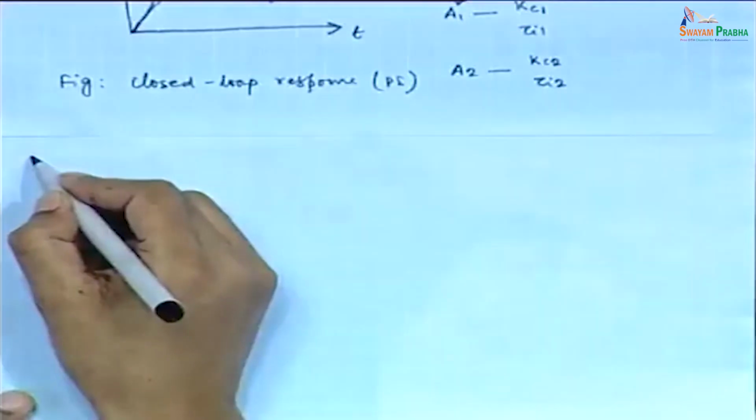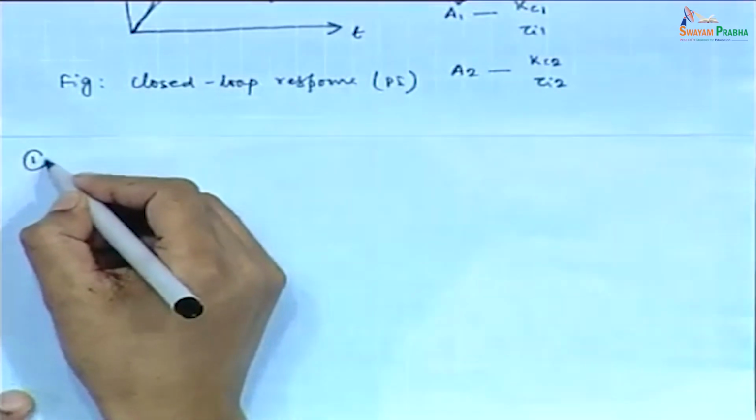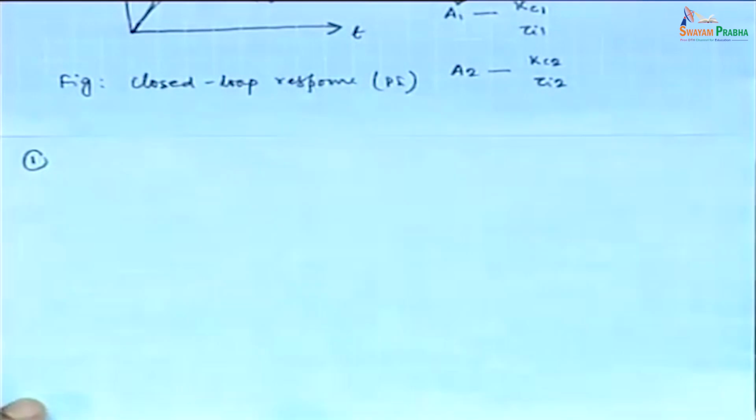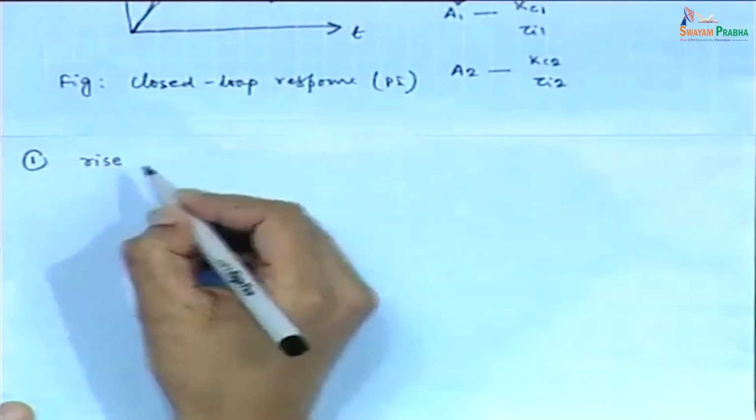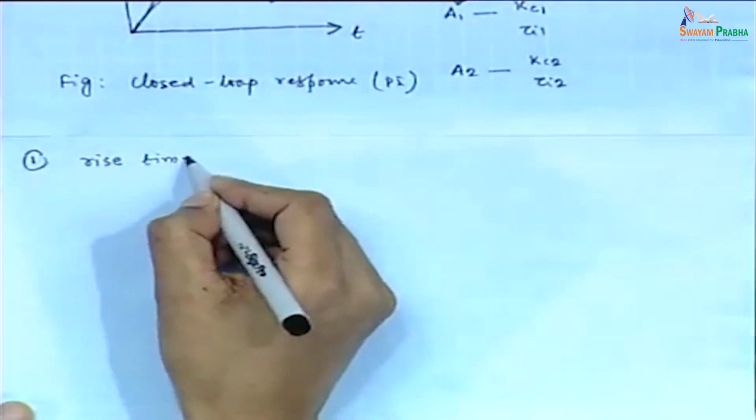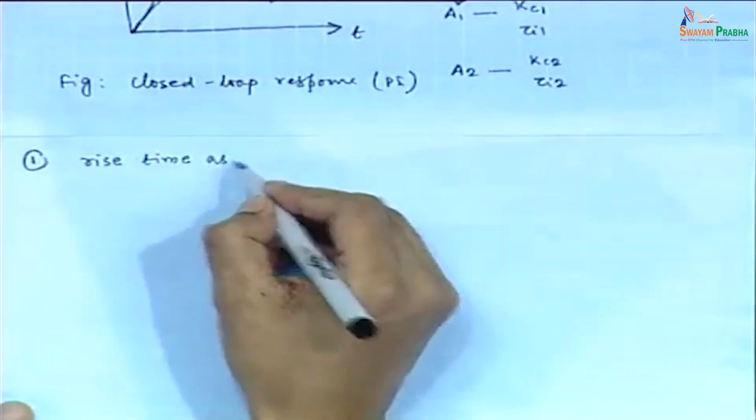Now, there are different criteria based on which we need to select the tuning parameter values. Suppose our first criteria is to keep the rise time as small as possible.